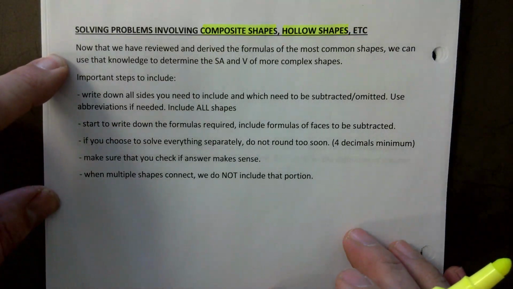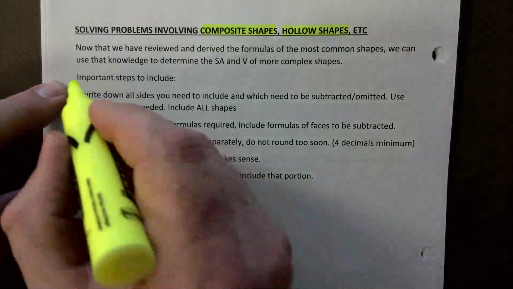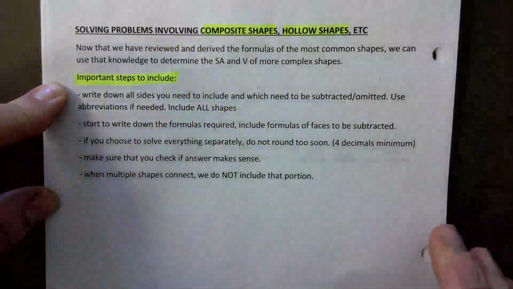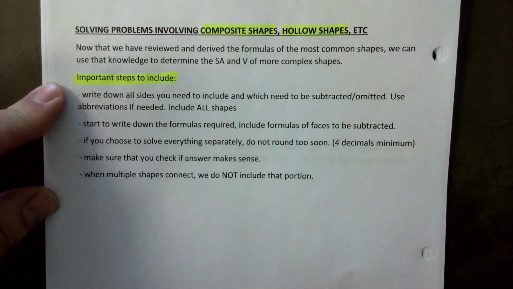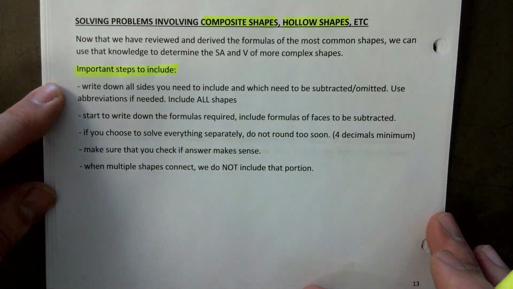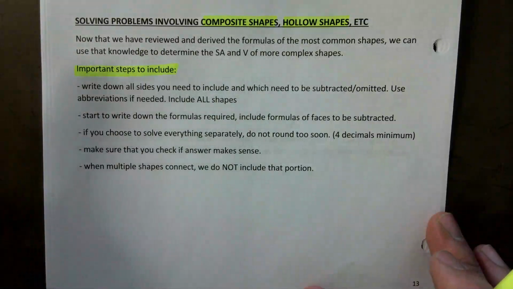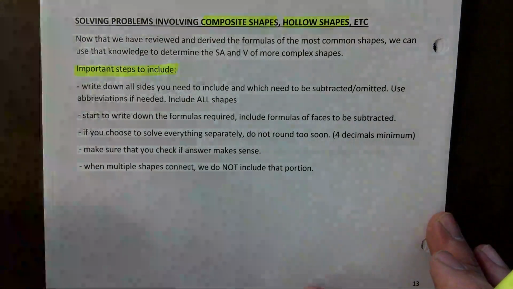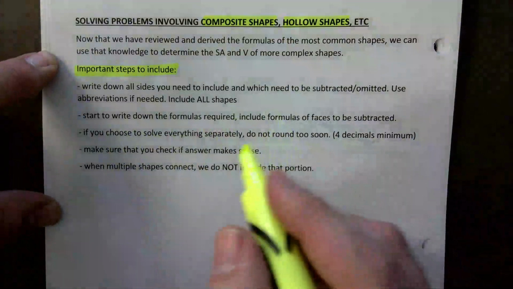Now that we've reviewed and derived formulas, important steps that you want to follow. When you deal with this, I don't think you need to have this on your study sheet, but I will show you what I mean by this.